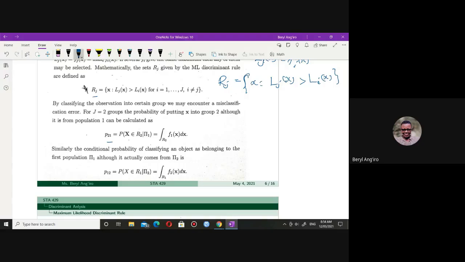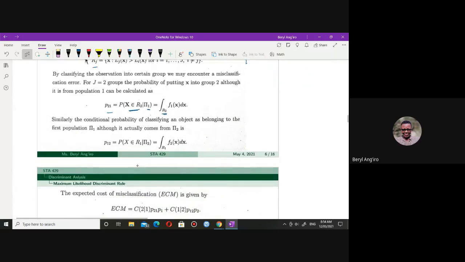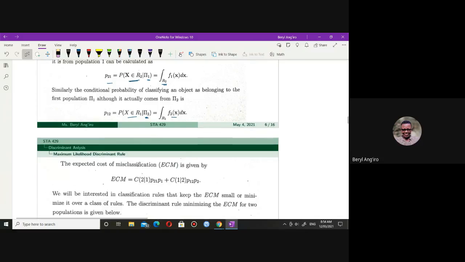That is, you are putting x in population 2 given it belongs to 1, so it is the integral over region 2. And similarly, the conditional probability of classifying into population 1, given that it belongs to 2, is that integral. And again, we can get the expected cost of misclassification given by that.